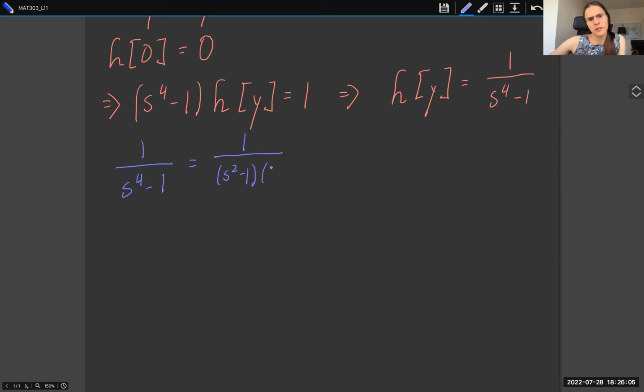And then we're going to write that this is A over, I want to do it exactly like I did here, so let's do s minus 1, plus B over s plus 1. And then it's just s squared, it's not s squared plus anything, so I'm just going to do Cs plus D over s squared plus 1.